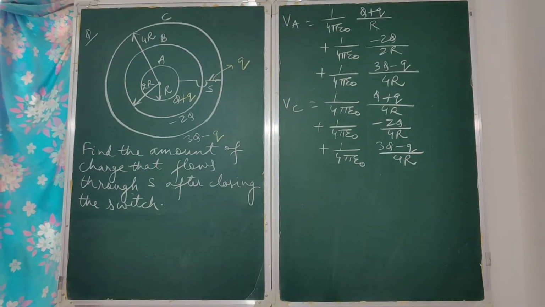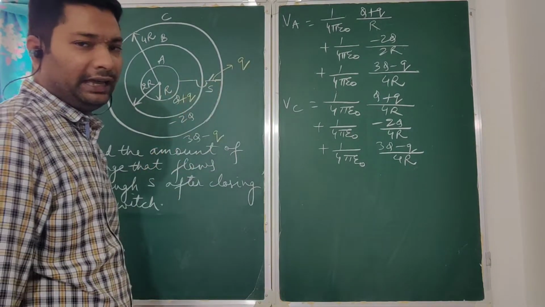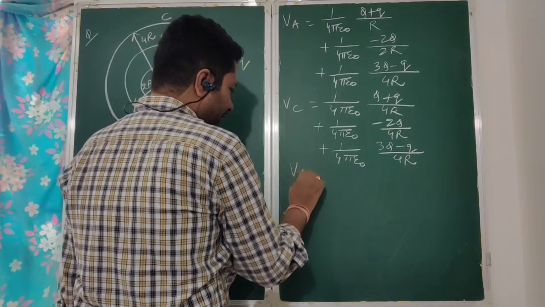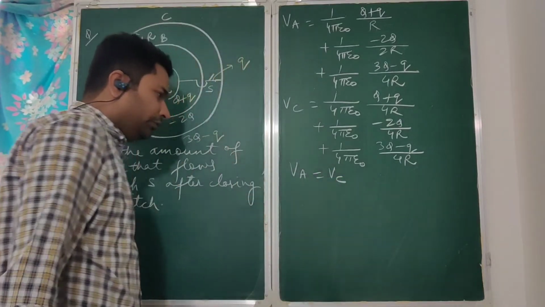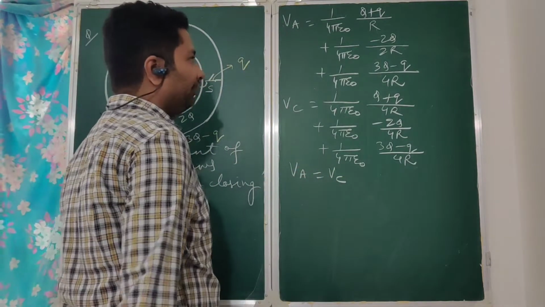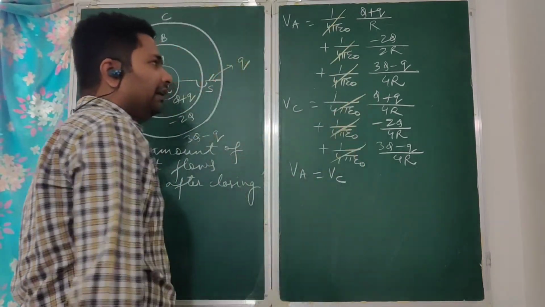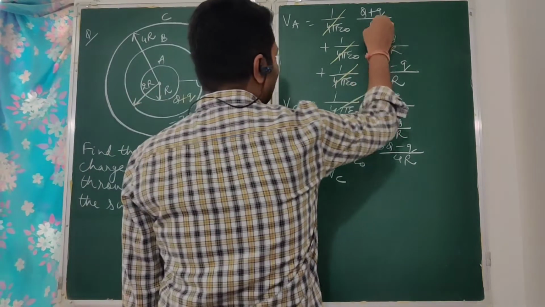So the flow of charge through this switch will take place till both A and C acquire the same potential. So we can put VA equal to VC as the condition. When you put this as the condition, these common terms will get cancelled out. Then you can cancel out r.